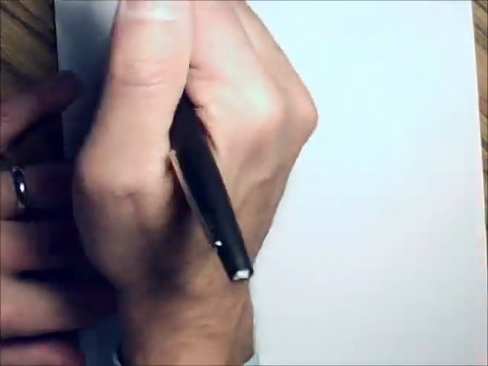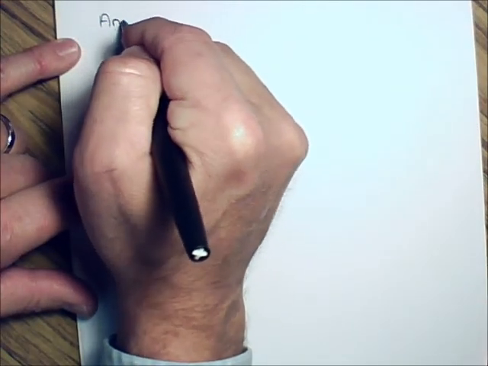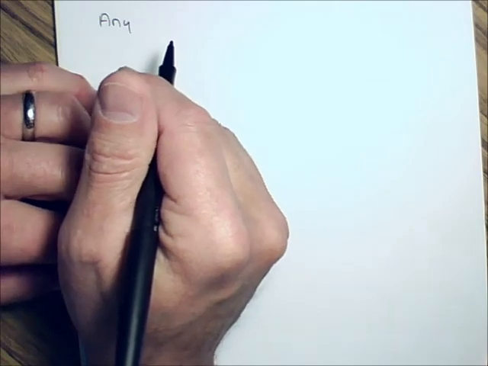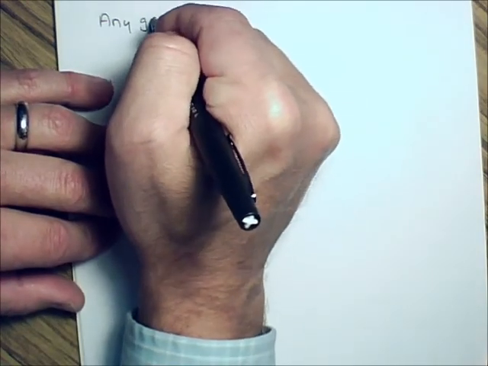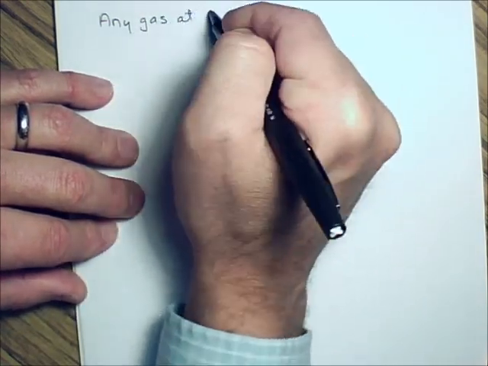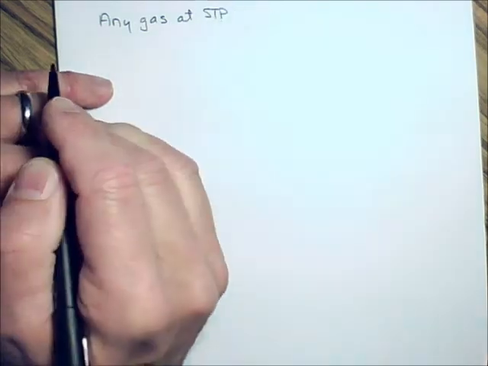Okay? So there's something that you need to know, that for any gas, you should have known this from the time you did your mole day project. Any gas at standard temperature and pressure, we symbolize that STP.